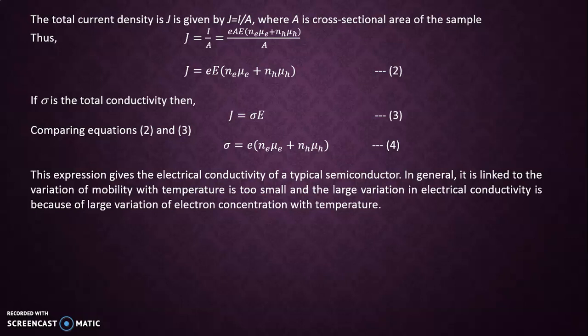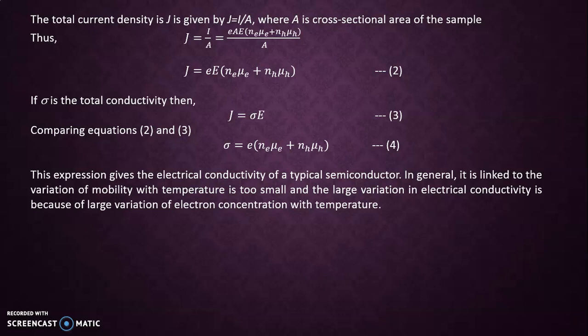Now by using this equation number 4, which is sigma is equal to e n_e into mu_e plus n_h into mu_h, the conductivity in a semiconductor, we can apply this for specific conditions like intrinsic semiconductor and extrinsic semiconductor.